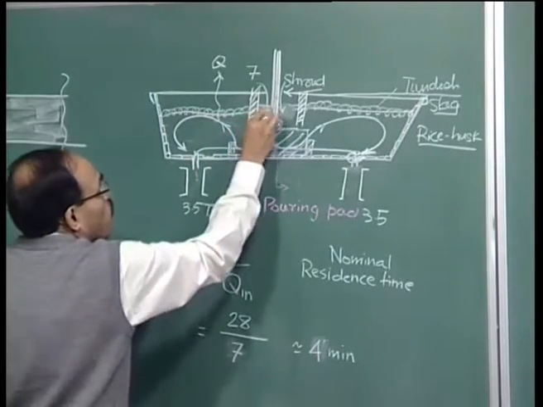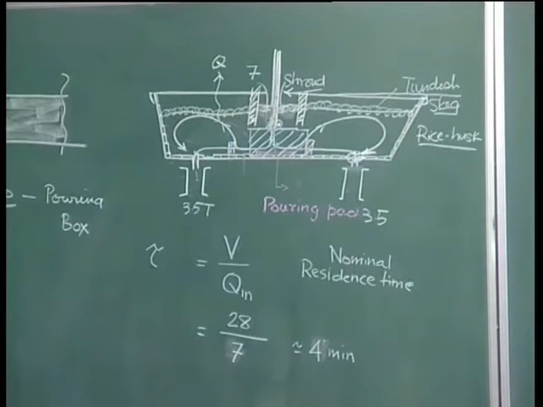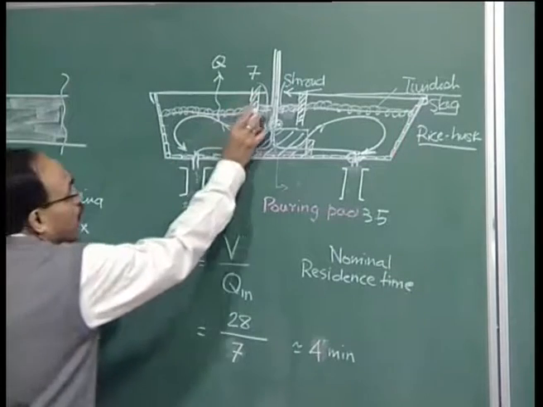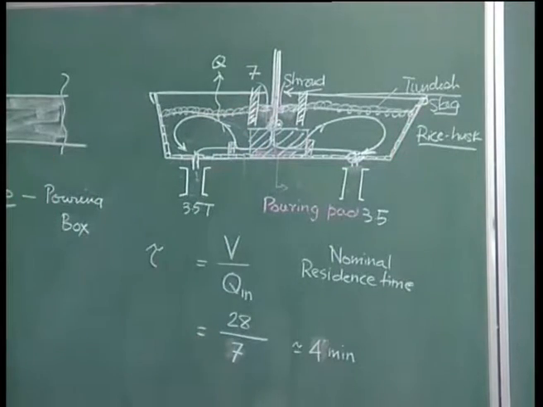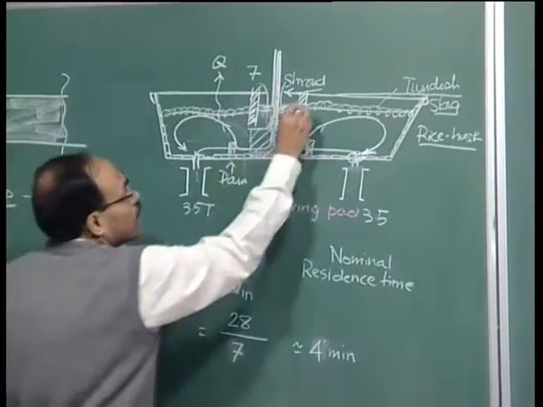So the presence of a weir prevents slag entrainment. So this is the dam, and this is the weir.